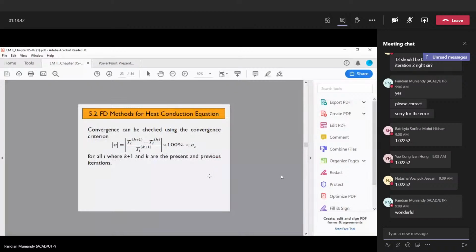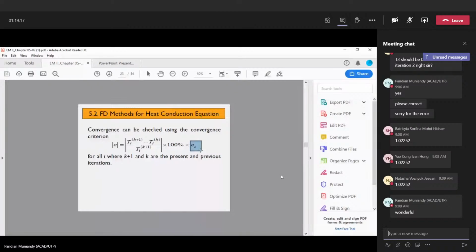The epsilon error equals T superscript K plus 1 subscript I minus T superscript K subscript I, divided by T superscript K plus 1 subscript I, multiplied by 100%, less than epsilon subscript S. This epsilon subscript S is not given, so we do not know what percentage is required. So you just have to calculate the error.